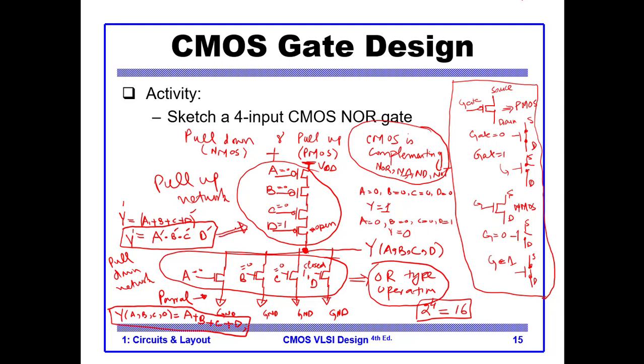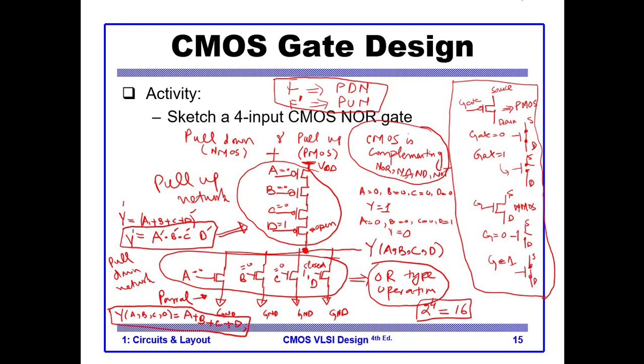So what this means is every CMOS gate will have F connected in pull down network and it will have F bar connected in pull up network. So that is the main design principle: pull up, pull down.